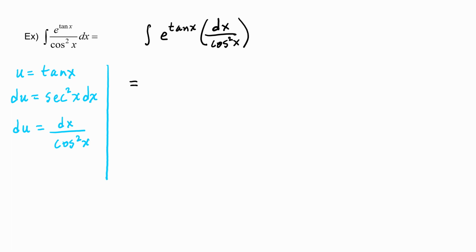Now we can do the substitution into the u variable, and we have e to the tangent of x is going to become e to the u, and the dx over cosine squared of x, that gets replaced with du.